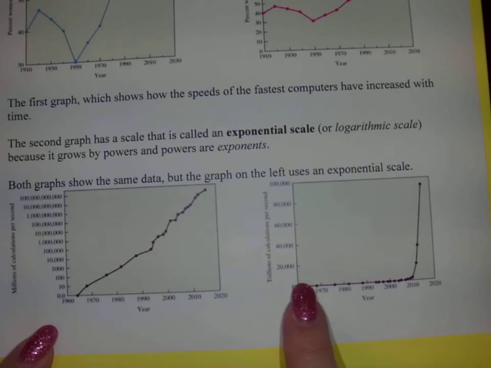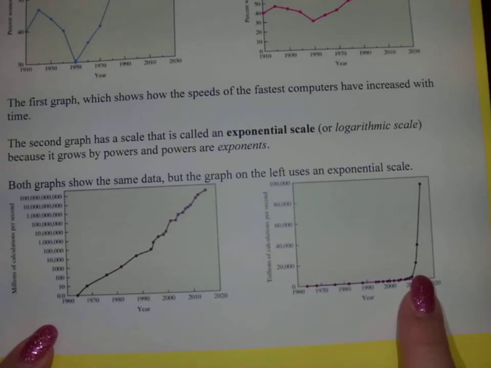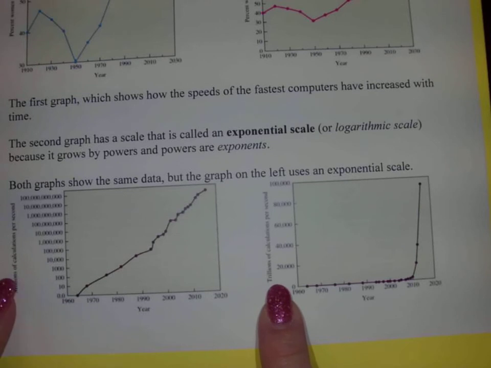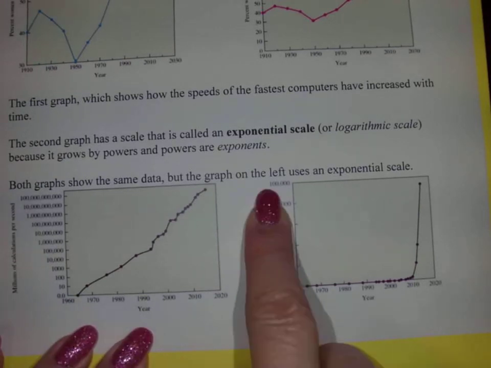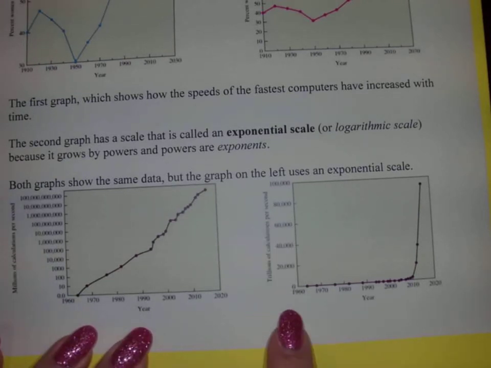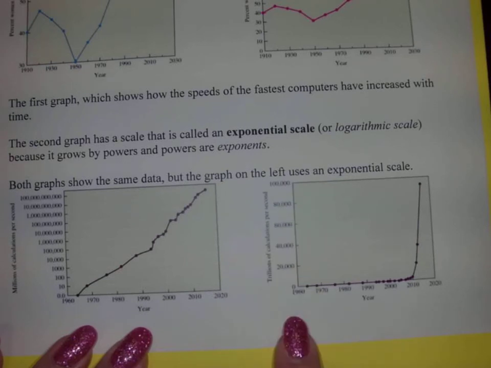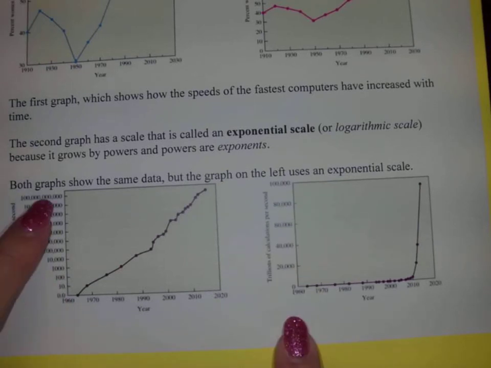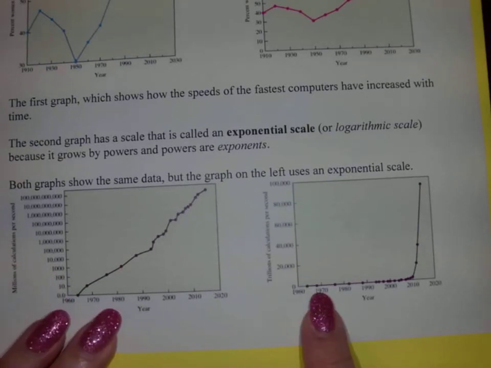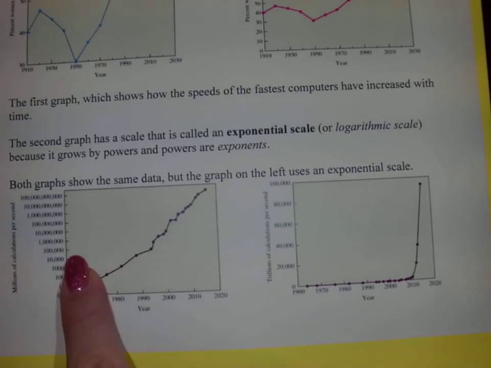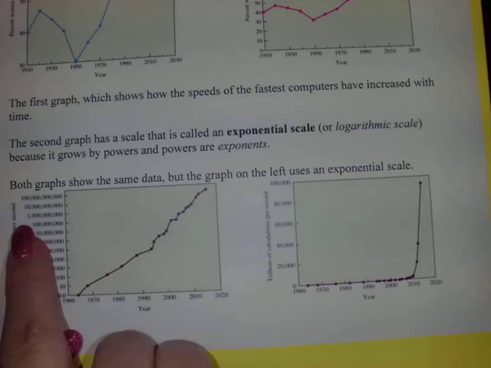So if we're looking at this one, it's got the same years. But up here, this is millions of calculations per second, and this is trillions of calculations per second. So they've changed the scaling, and this one's based in tens. It starts like 0, 10, 100.